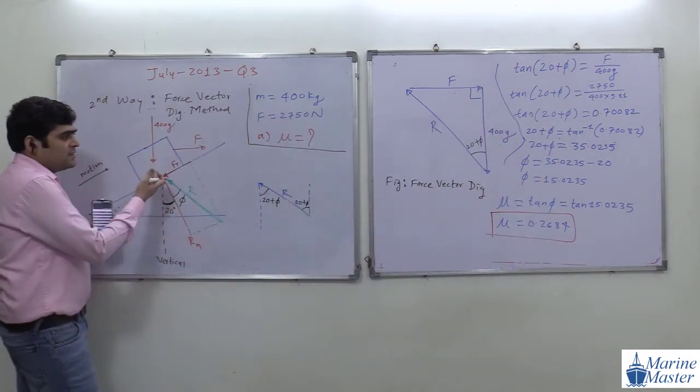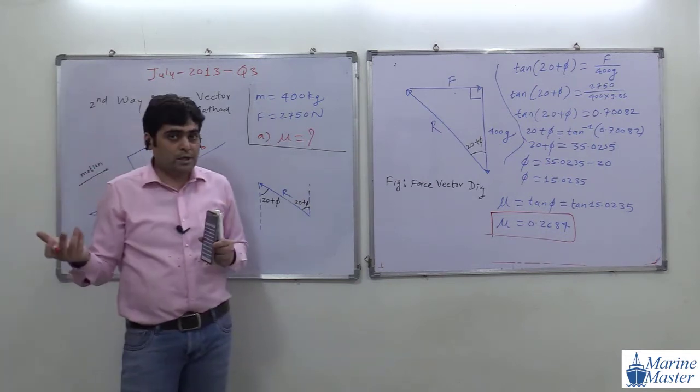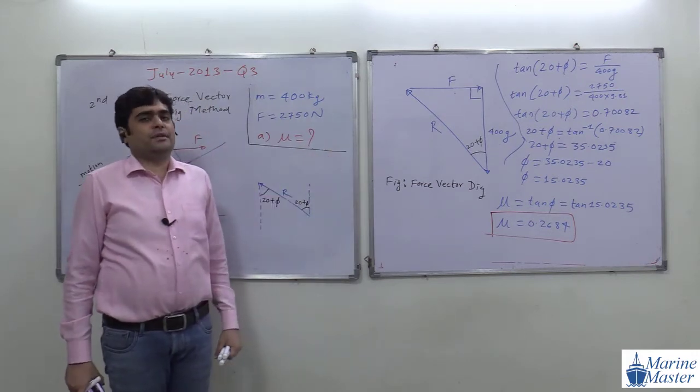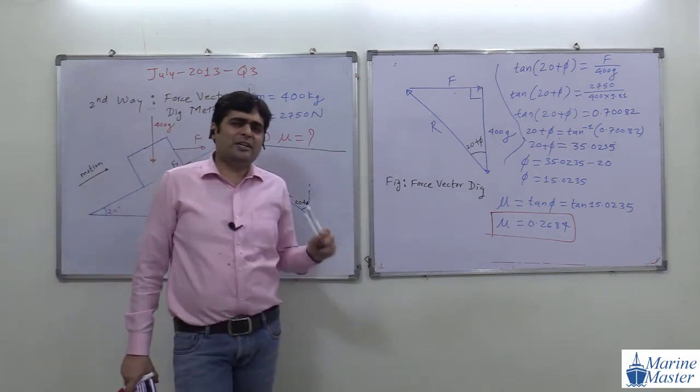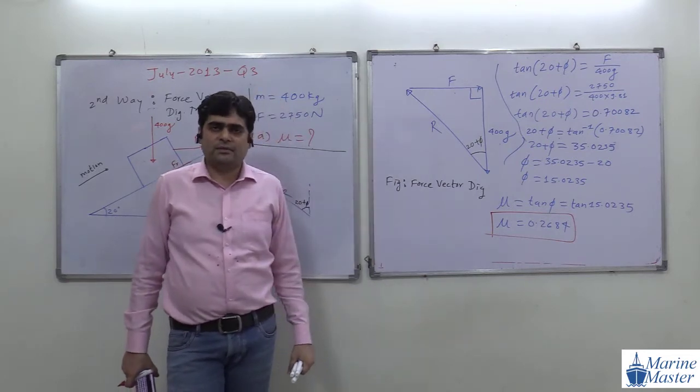Drawing such a diagram is not as difficult as compared to components. But this rule is not applicable everywhere. There is a specific scenario, and only in that scenario can we apply this force vector diagram method.